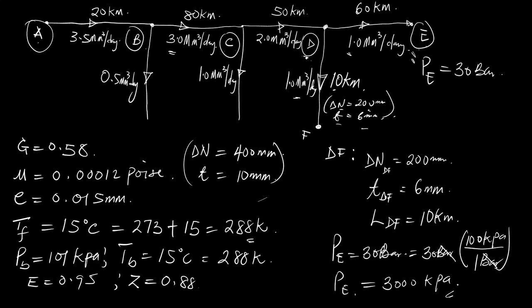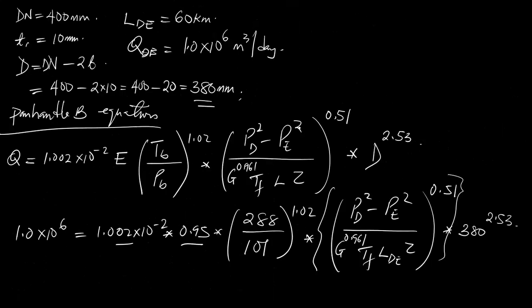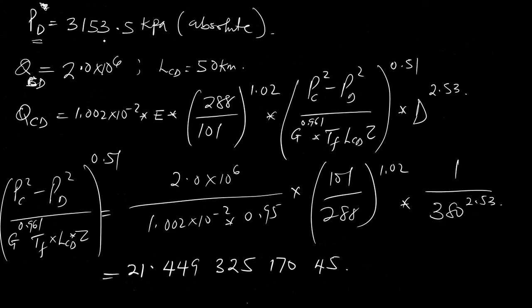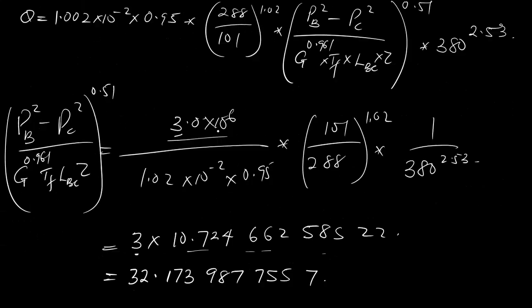Now we know the pressure at D. The pressure at D is 3,153.5 kilopascal absolute. So now let's use it to work it out now.